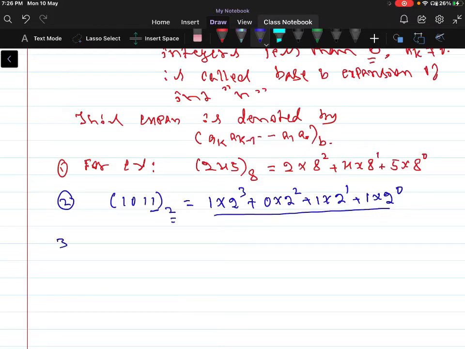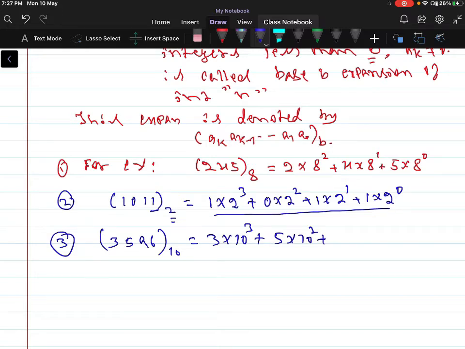Let us take another example, 3596 with base 10. This can be written as a decimal expansion, that is 3 into 10 cube plus 5 into 10 square plus 9 into 10 power 1 plus 6 into 10 power 0.